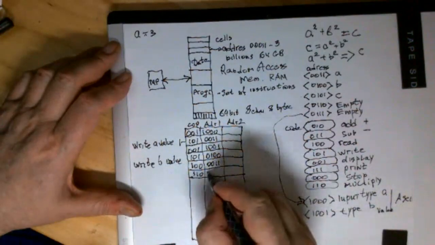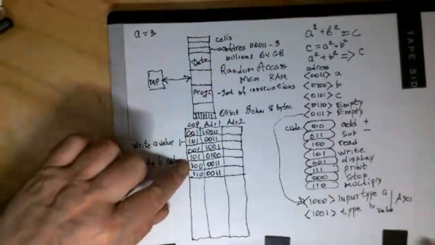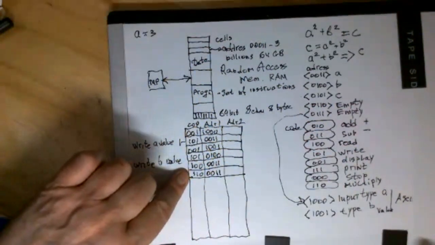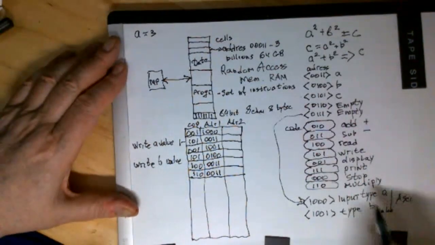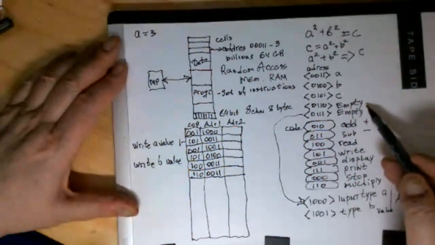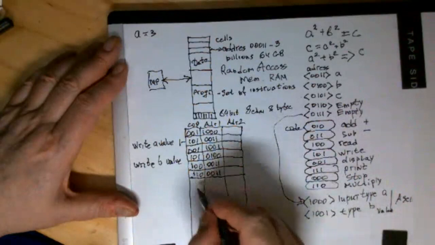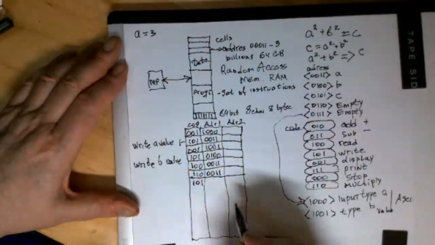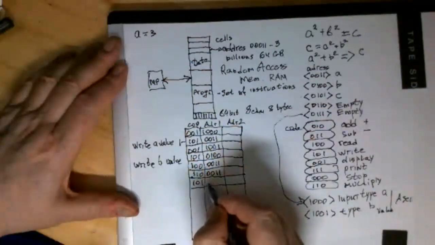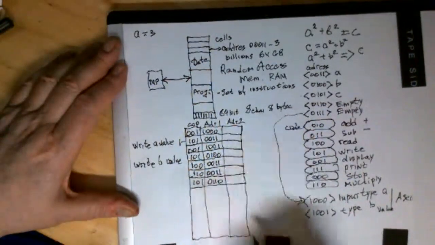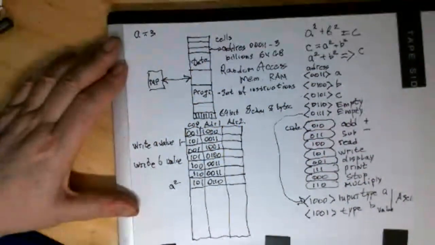It's multiply by itself. 0011. You can see read A, multiply by A. So now the microprocessor contains A square. And I would like to put it in some empty cell. And I'll put write. Write is 101. And I will use the first empty cell, which is 0110. And here I'll put A square. A square is calculated.